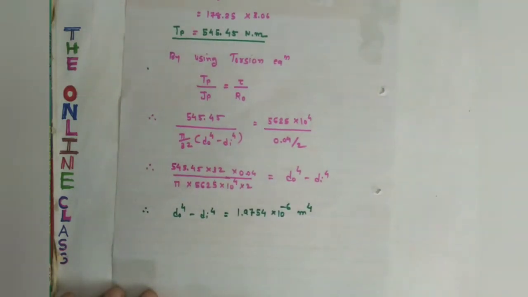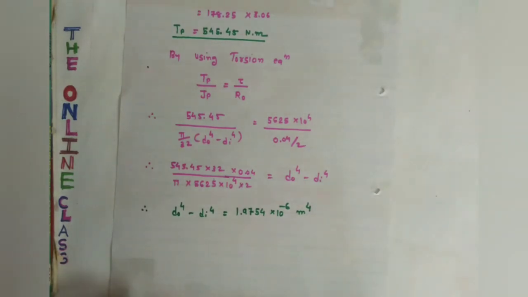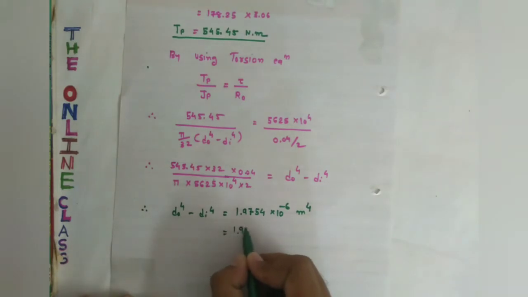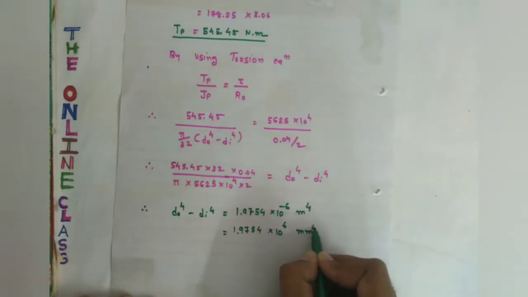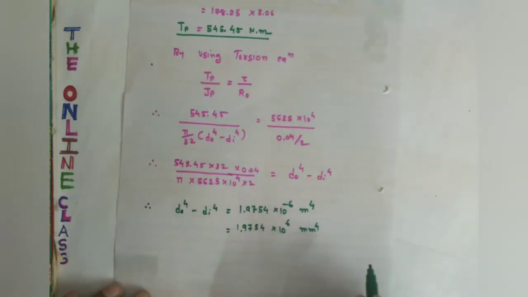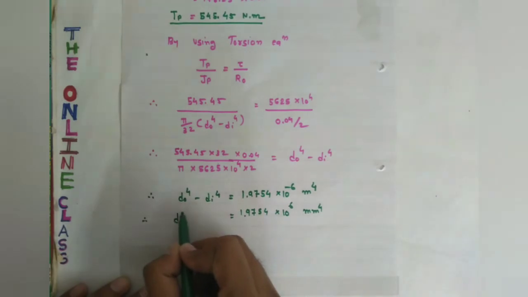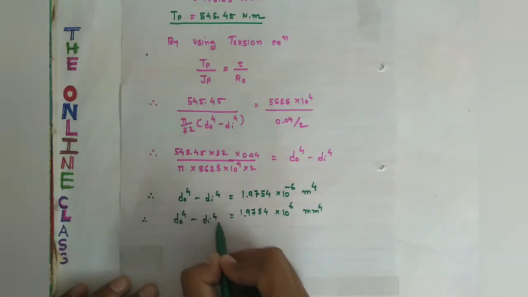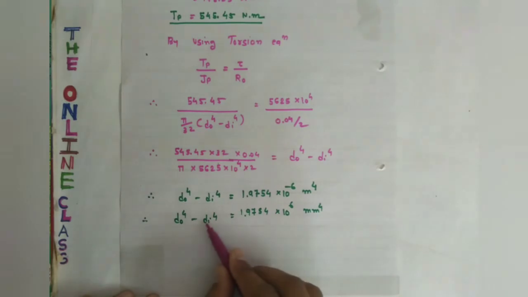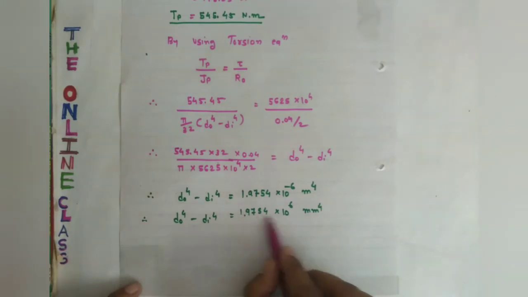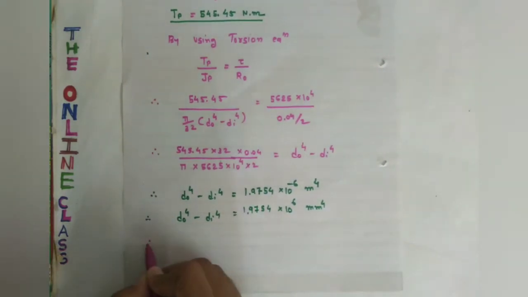Here we have the value in meter, so convert into mm. Then 1.9754 into 10 raised to 6 mm raised to 4. This meter value is converted into mm. So we have DO raised to 4 minus DI raised to 4. We have to find DI, so DI goes to the right side and this value goes to the left side with a minus.